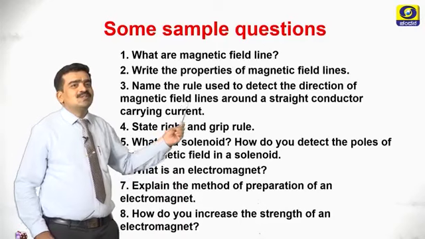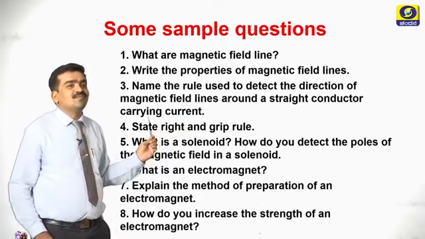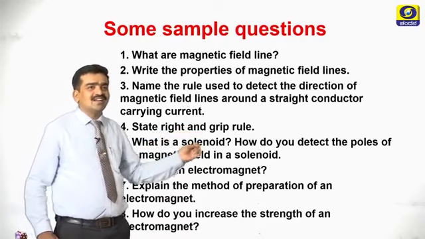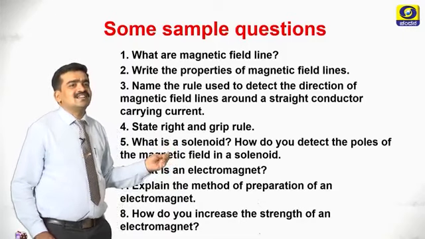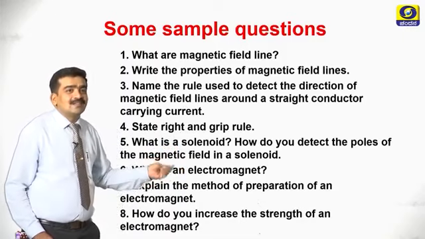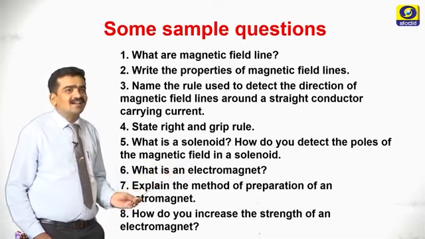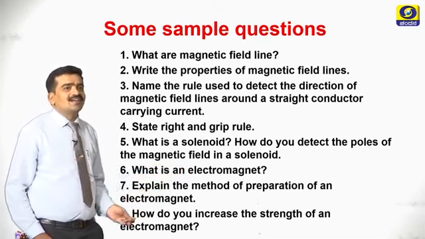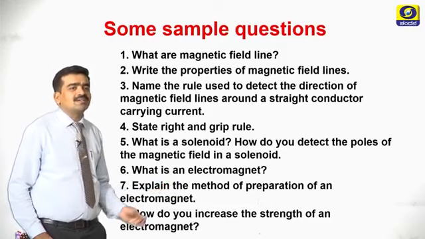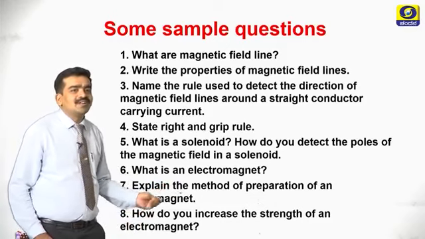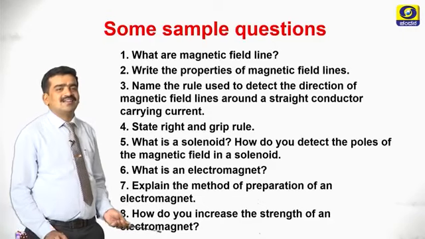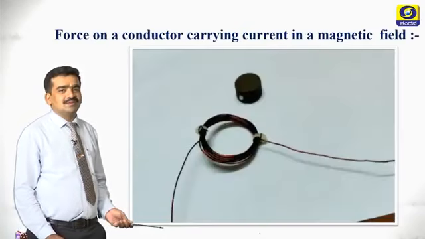Name the rule used to determine the direction of magnetic field lines around a straight conductor carrying current. State the right hand grip rule. What is a solenoid? How do you determine the poles of the magnetic field in a solenoid? What is an electromagnet? Explain the method of preparation of an electromagnet. How do you increase the strength of an electromagnet? So these are some sample questions for you.